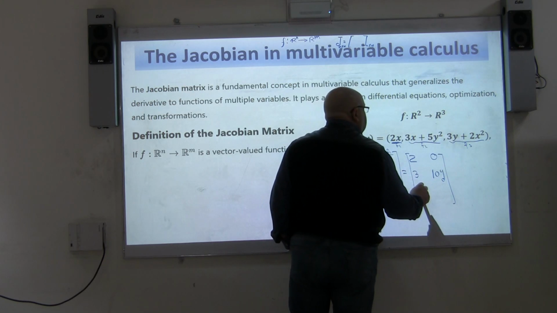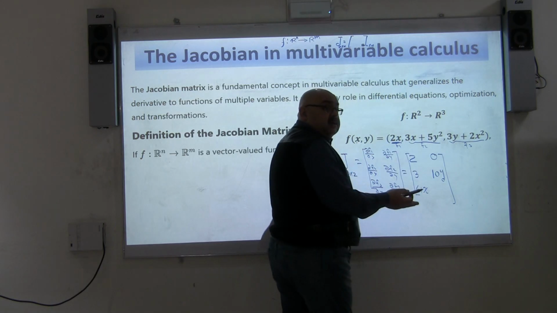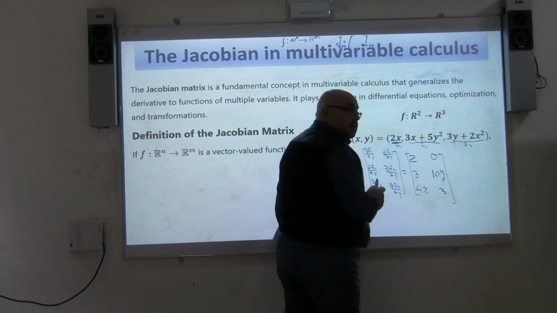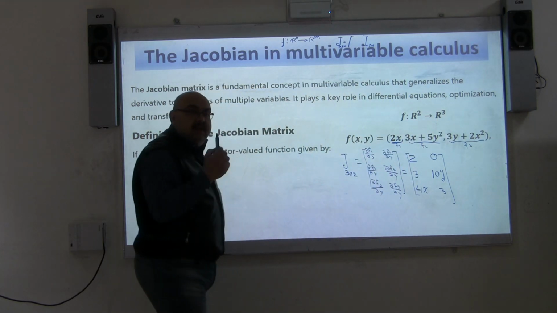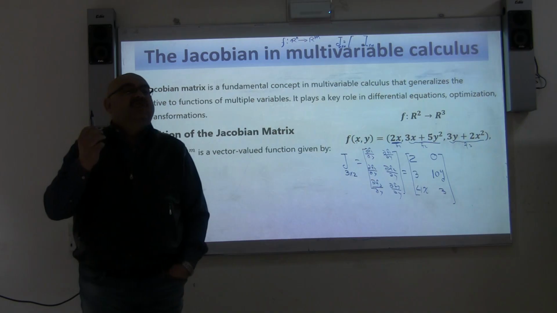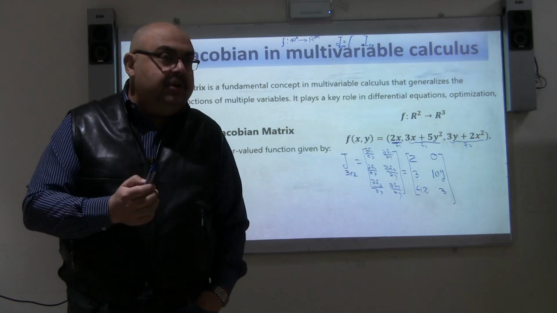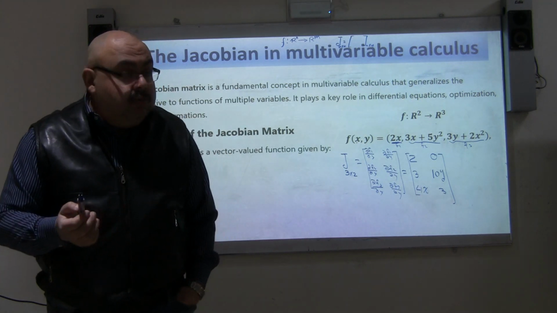It's going to be 4x, because you differentiate with respect to x. Then, because you differentiate with respect to y. That's the gradient vector. I'm sorry, that's the Jacobian for this multivariable function. Is it clear? Yes, it's clear. Is it difficult? No, it's really very simple.